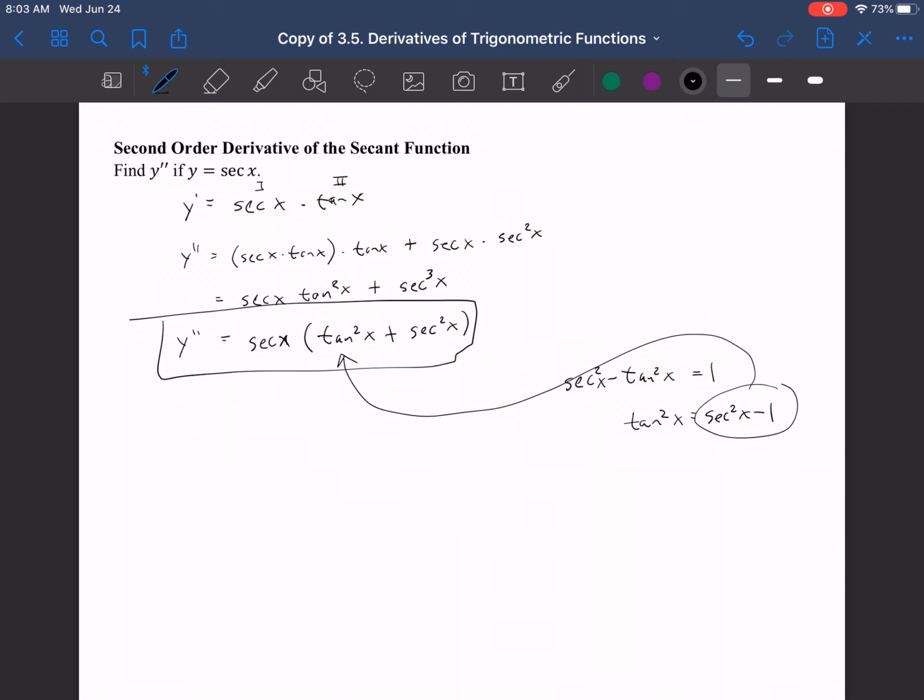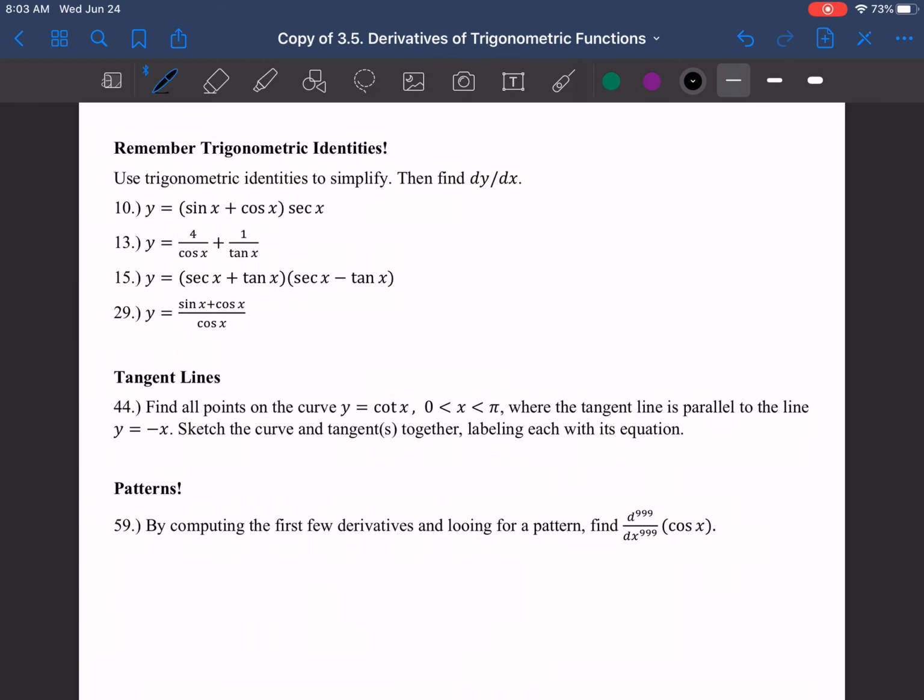All right, the last page here is stuff for you to try. Remember to use your trig identities. I'll have these all solved for you in the notes. Just go through and take a look and do them, especially number 59 there. This one, you're going to want to look for a pattern because you're going to want to compute a few derivatives and you're going to find that it starts to repeat. And so it'll repeat after every so many derivatives that you take.